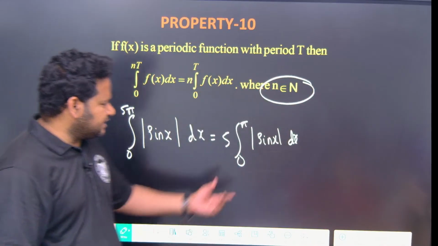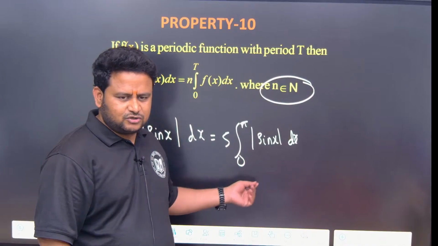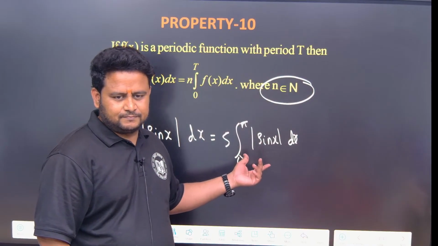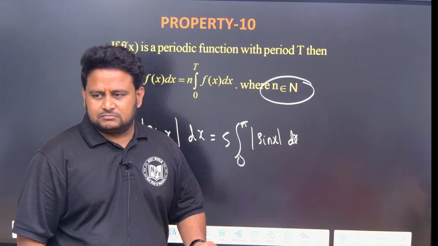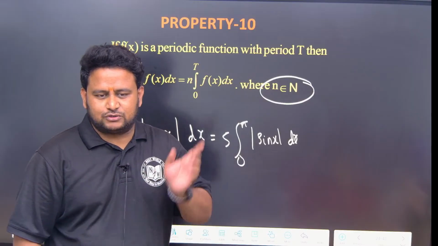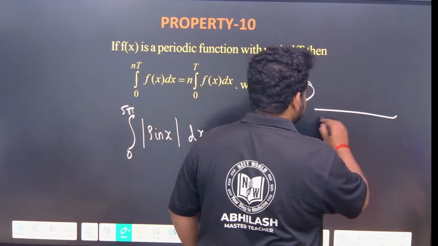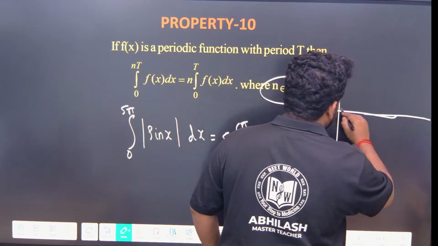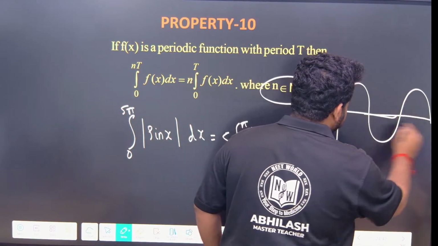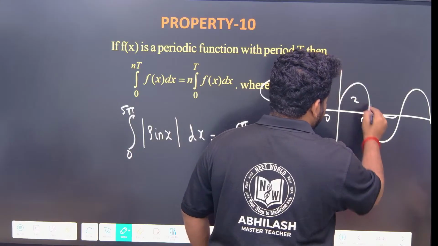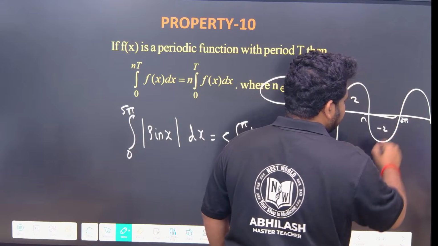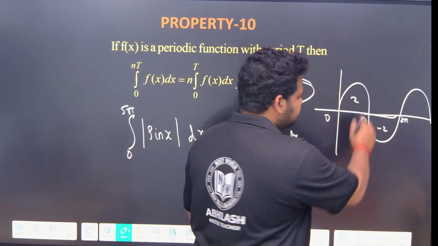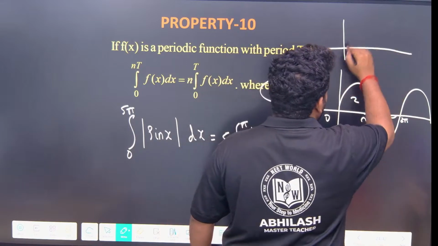Now should I integrate this? Not required. What is the value of mod sin x from 0 to pi? See, the sine graph goes like this, 0 to pi is positive, pi to 2 pi is negative. But if it is a mod function, it goes like this.